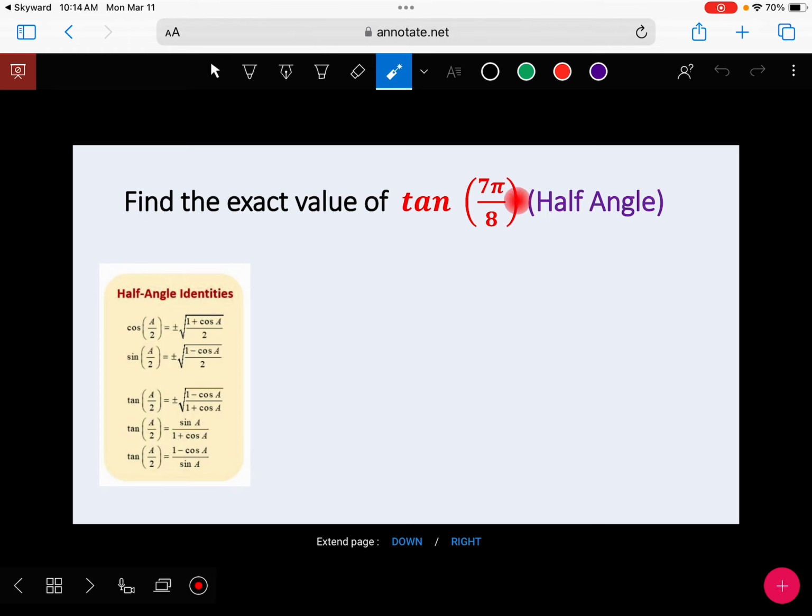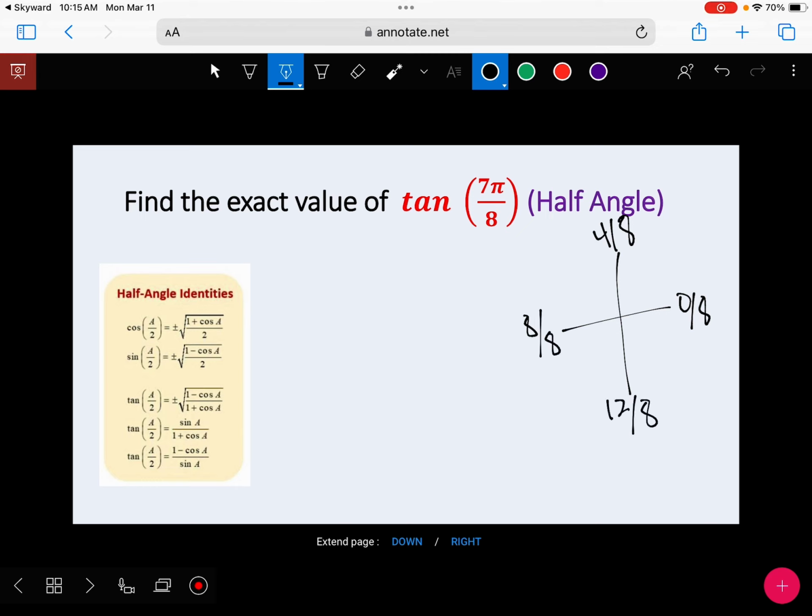So the first thing we want to figure out is what quadrant would I be in if I have 7/8. So thinking about counting by 8s, this would be 0/8, 4/8, 8/8, 12/8. 7/8 would be in quadrant 2. And in quadrant 2, tangent is negative.